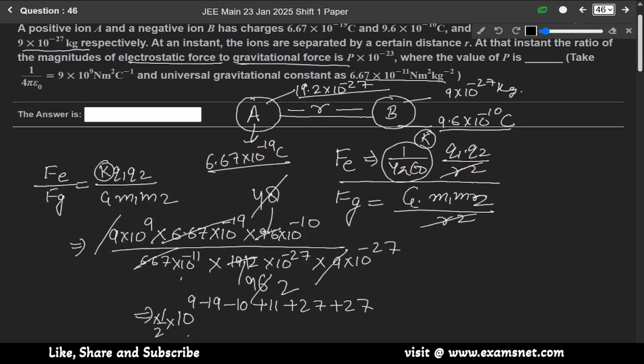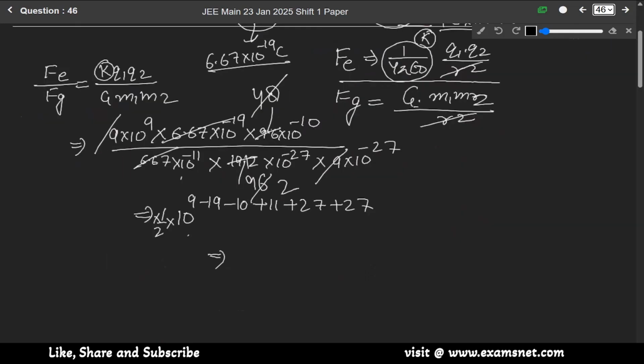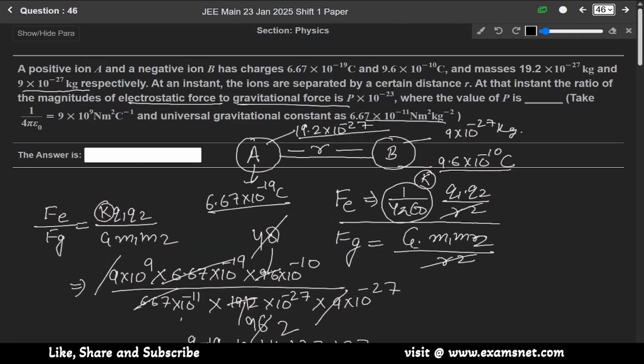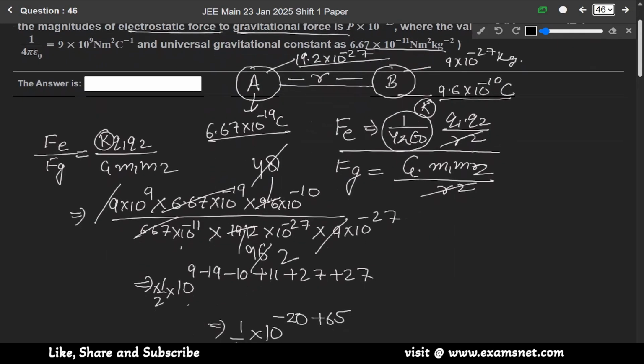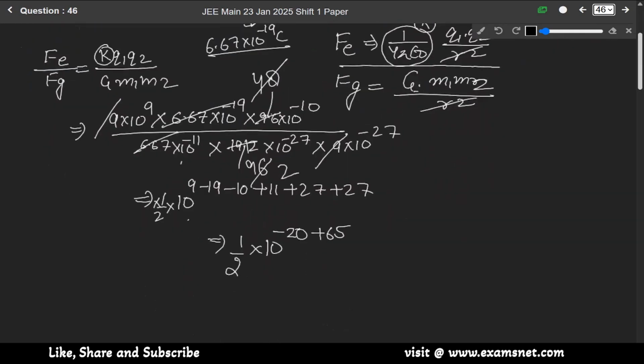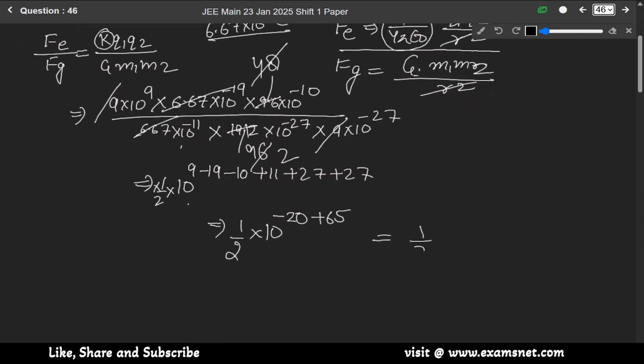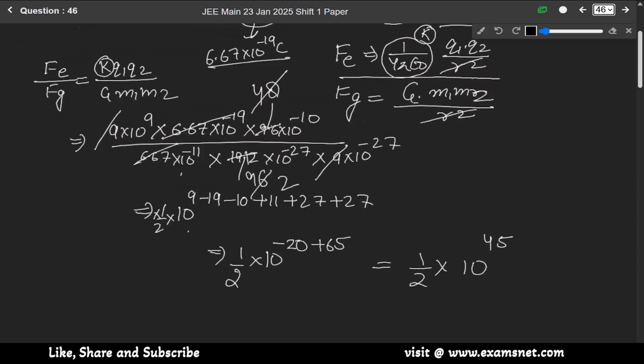So this will be equal to 10 to the power minus 20 plus 65 into 1 by 2. Okay, so P value is P into 10 to the power minus 23. So it will be 1 by 2 into 10 to the power 45.